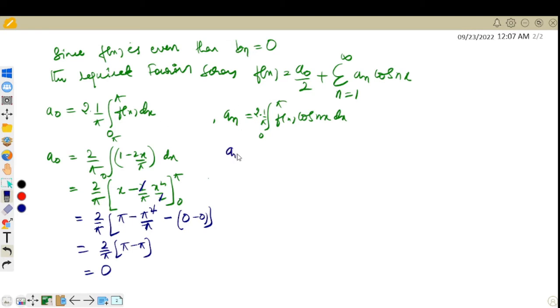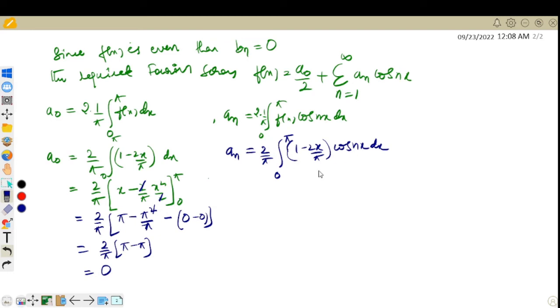Then we'll go for finding a n. A n is equal to 2 by pi, 0 to pi, f of x value in the interval 0 to pi is 1 minus 2x by pi into cos nx into dx.